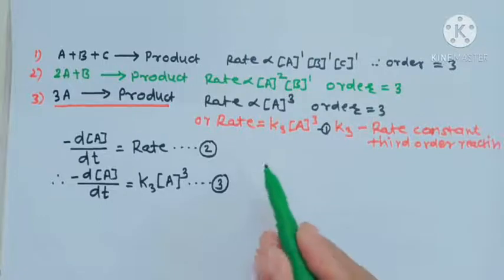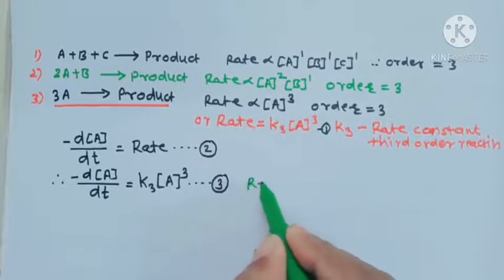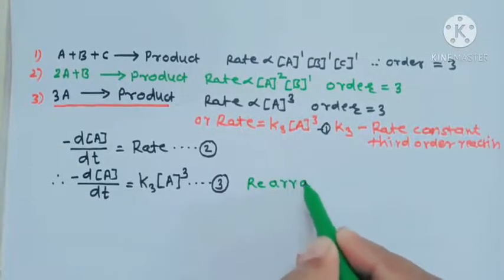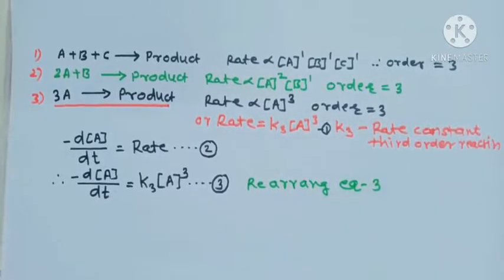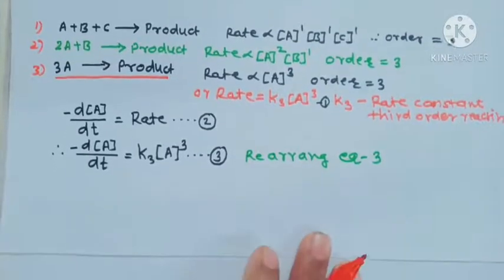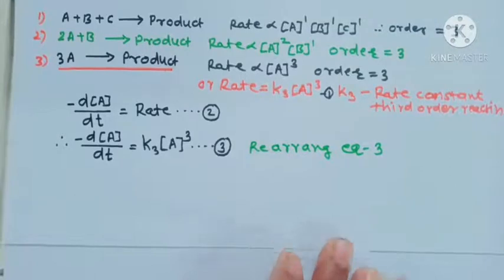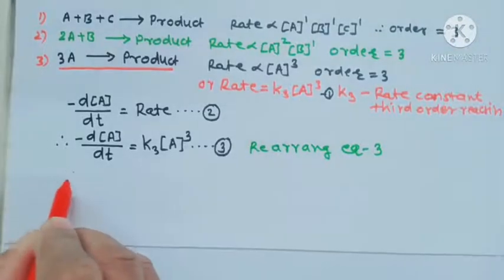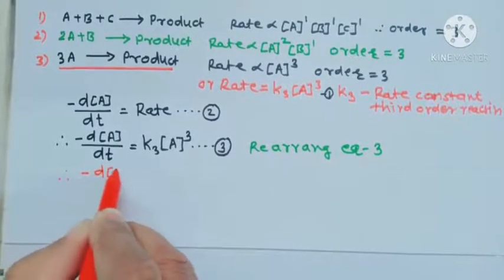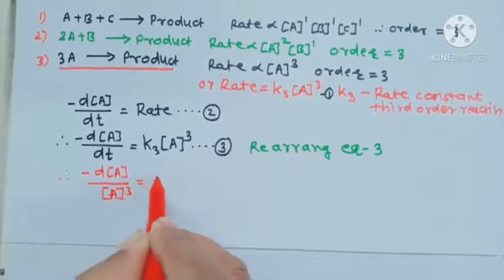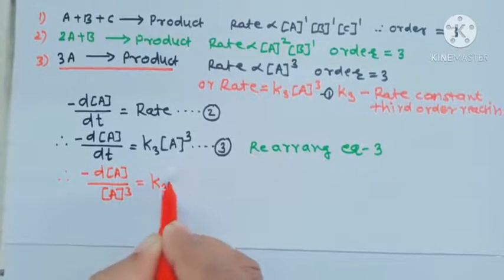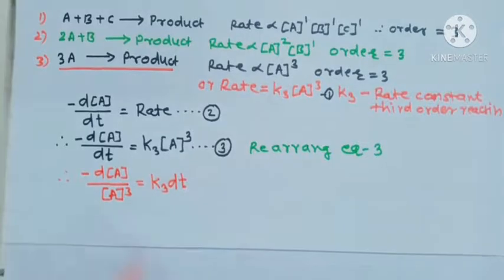What will you get if you rearrange equation 3? You will get minus dA upon A raised to 3 is equal to K3 dt.